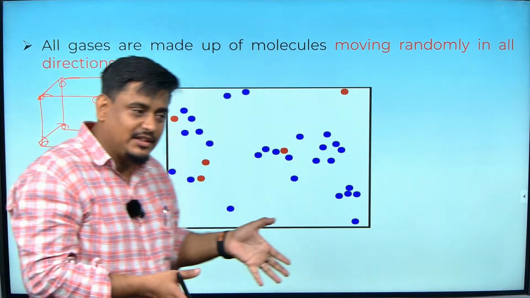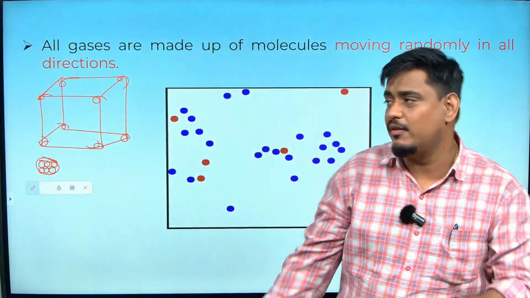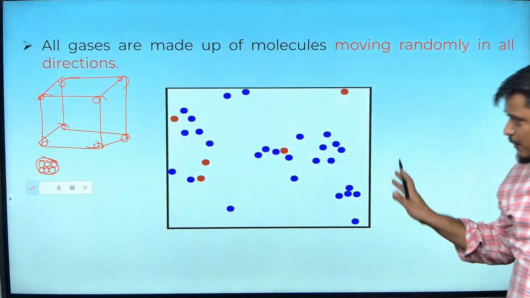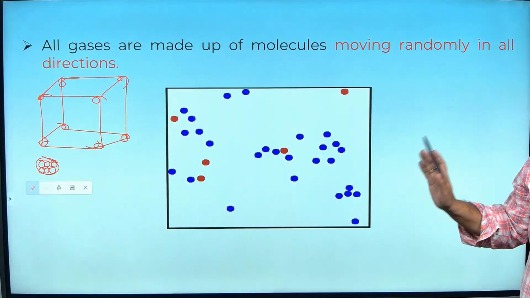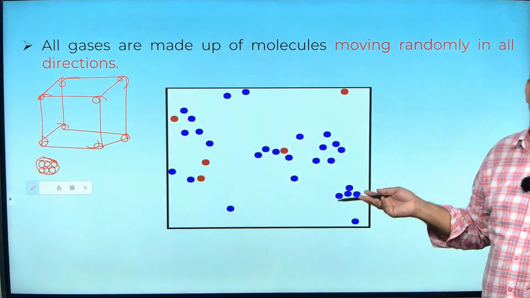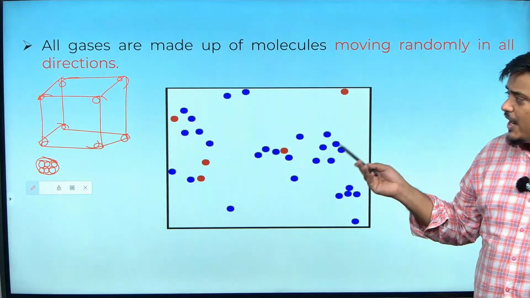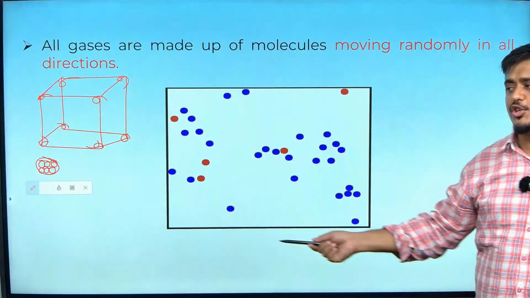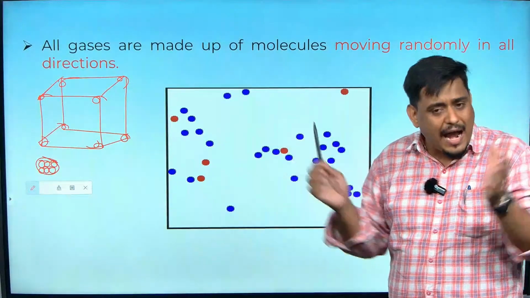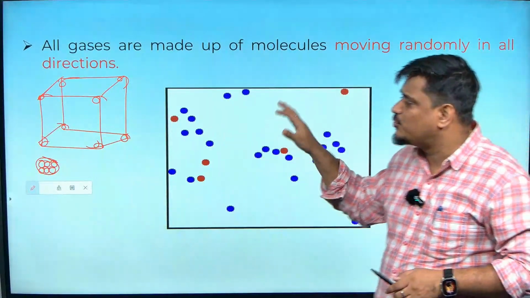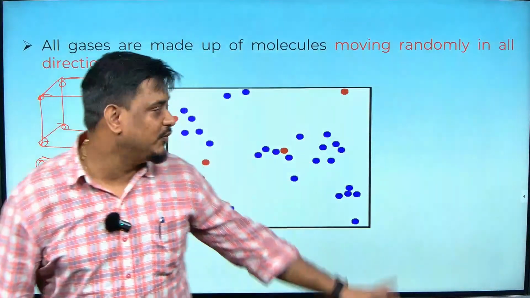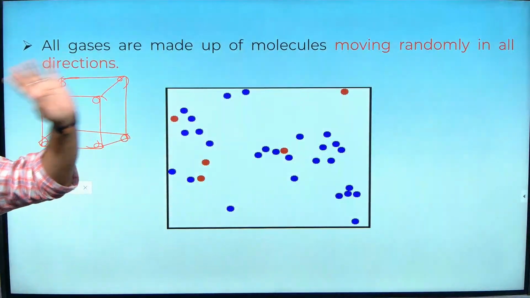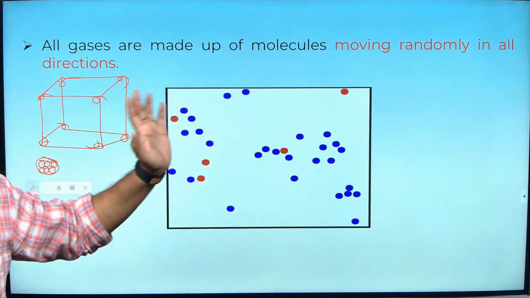of the container, right? So this is what I'm trying to say, that the real volume of gas, in this picture itself, you can see how many molecules are there. We can count maybe some 15-20 molecules, and if you add up the volume of all these 15-20 molecules, that will be much lesser than the volume of this cuboid, in this case a rectangle here.